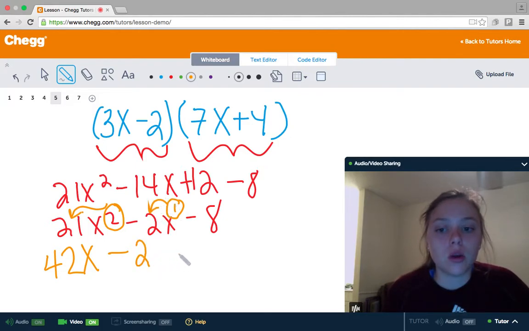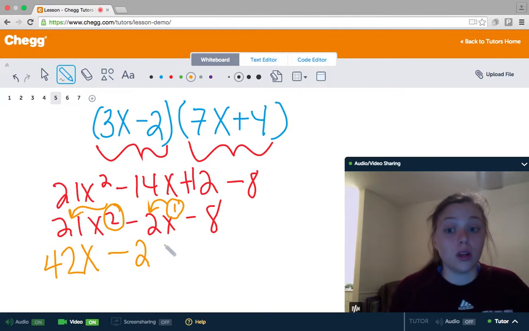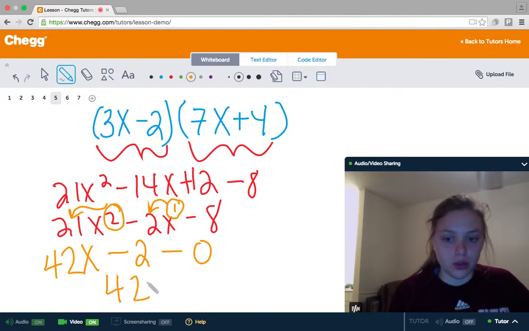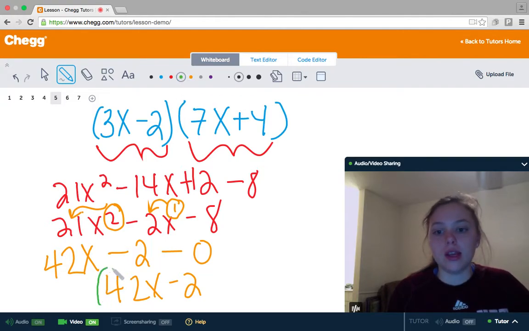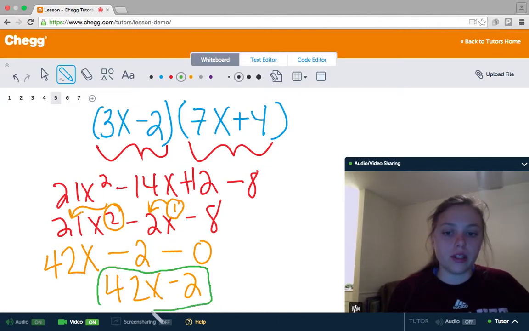And subtracting one of the x's, you are just going to have 2. And then this, of course, is 0. So your final answer will be 42x minus 2. So that was pretty easy. We didn't use the product rule there, but still a pretty easy way to solve the problem.